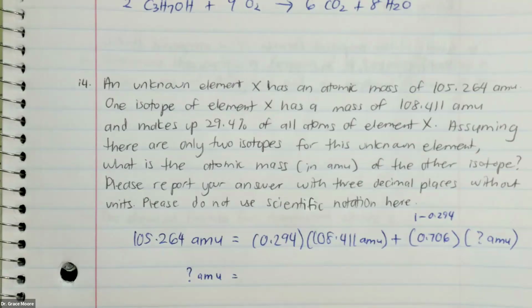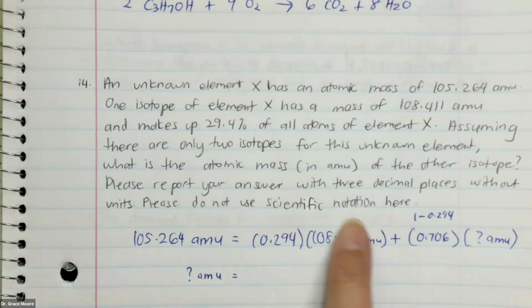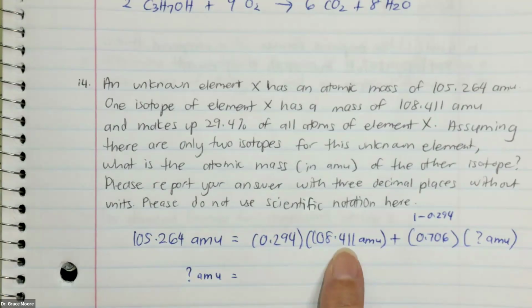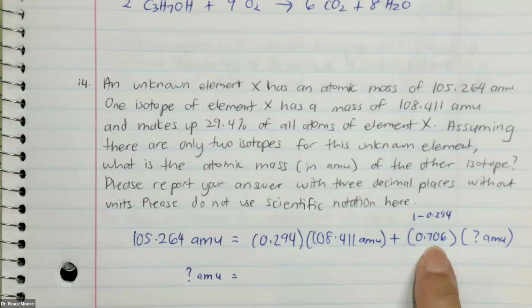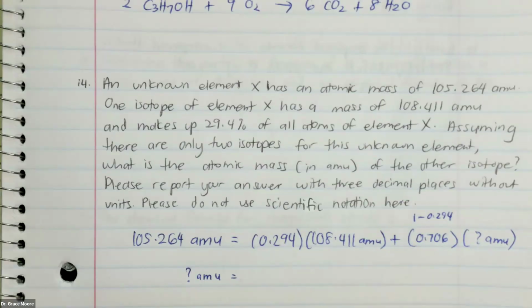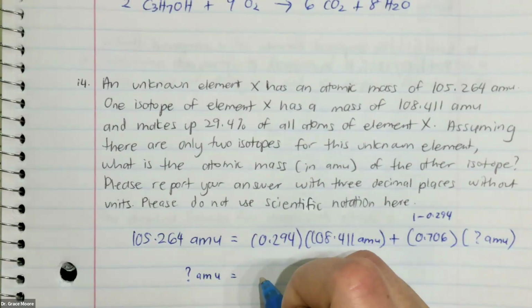Use your calculator. The way I would solve it is I would take 105.264, I would minus the product of these, and then I would divide by 0.706. Okay, so mathematically, this is algebra.